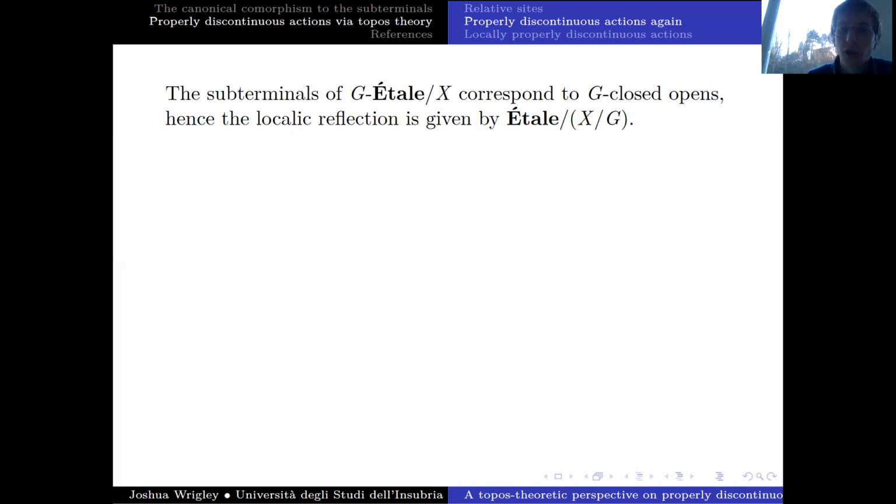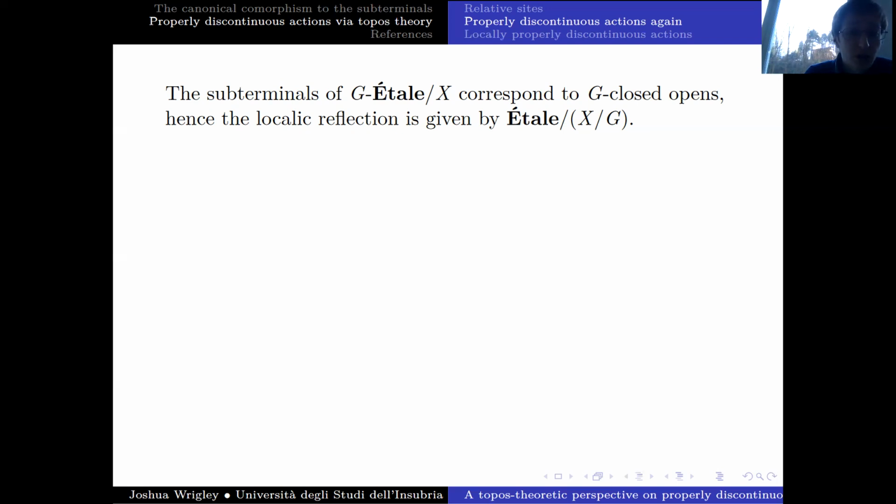They have to be opens which are closed under the action of G. And for G-closed opens, you can build an isomorphism between the frame of G-closed opens and the frame of opens on the quotient space. You send a G-closed open to its quotient, and you send an open in the quotient space to its inverse image under the quotient map. And so the localic reflection of Geo(G) over X is given by the sheaves on the quotient space, as we would expect.